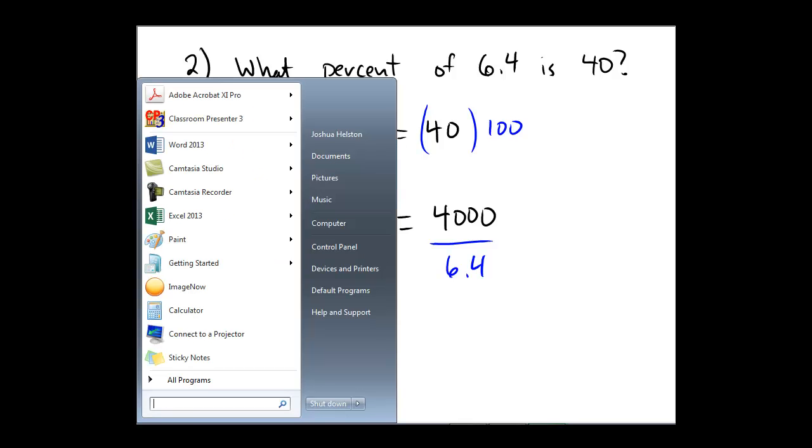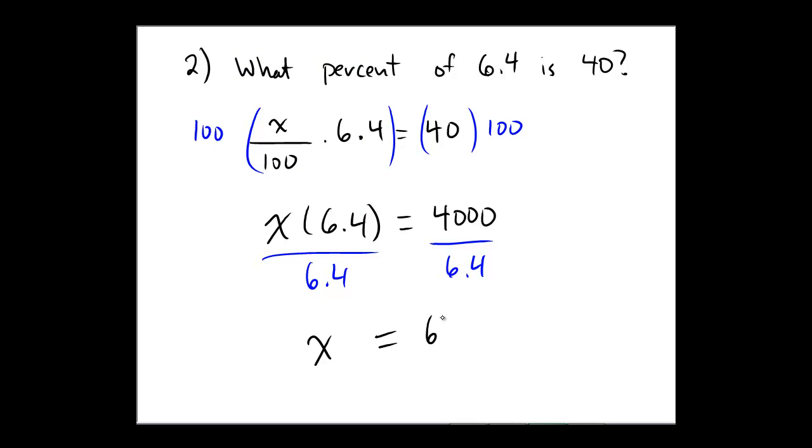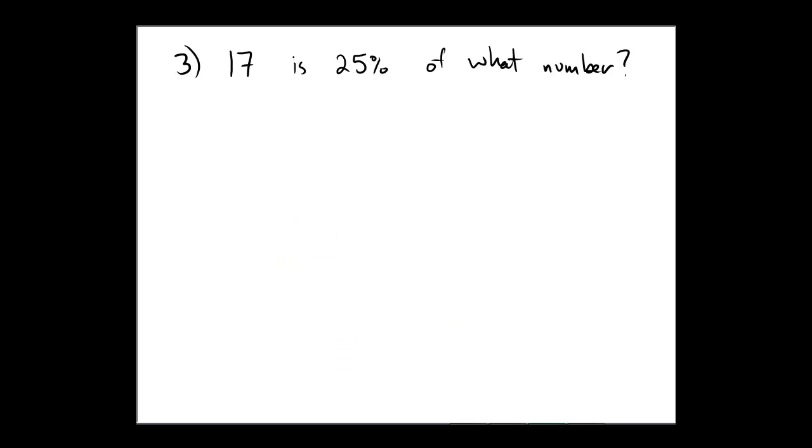I can't do that one in my head. 4,000 divided by 6.4. 625. Okay, yeah, I can't get that in my head. 625. No sweat. Sometimes the numbers are a little bit awkward to work with, and there it is, 625. Let's see if my third example works out better.